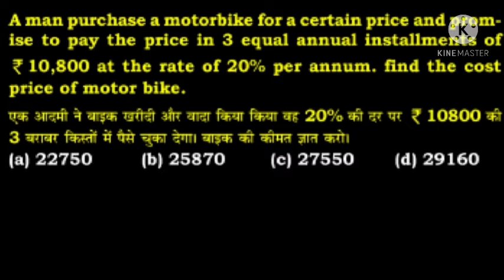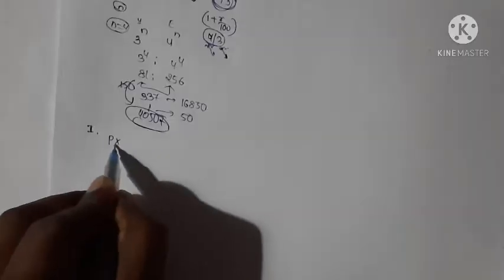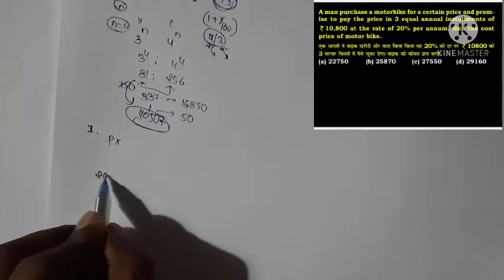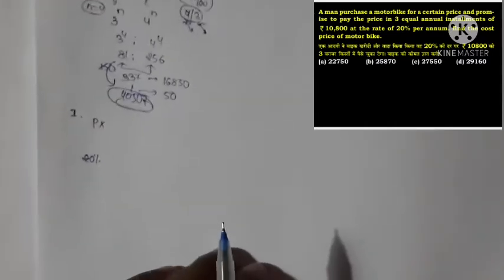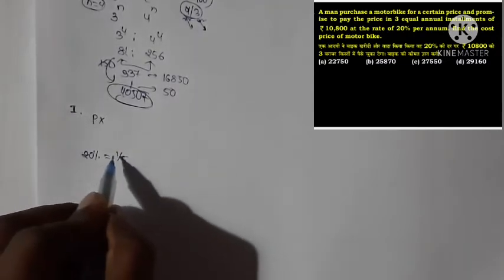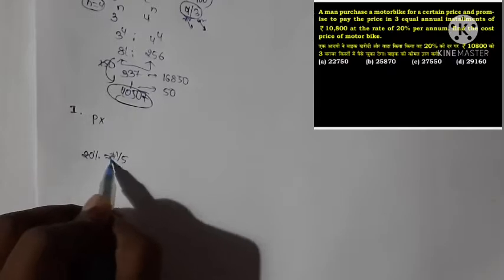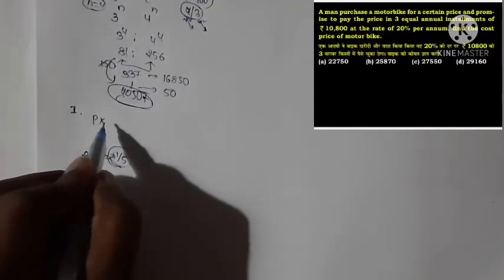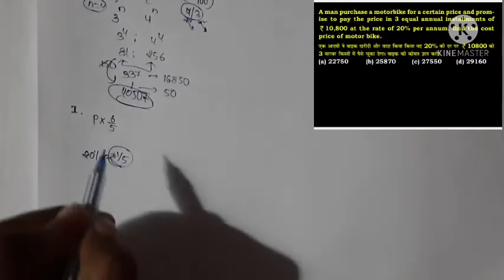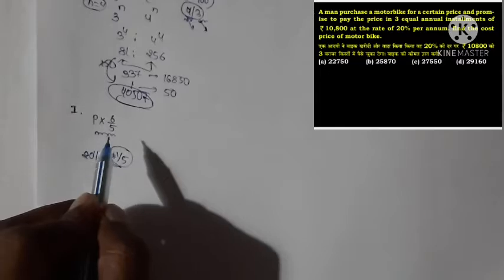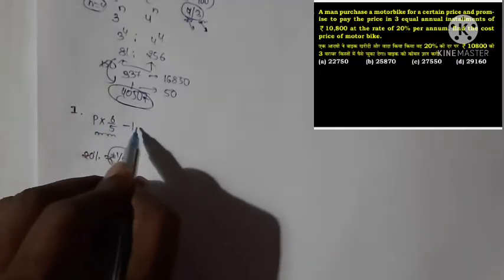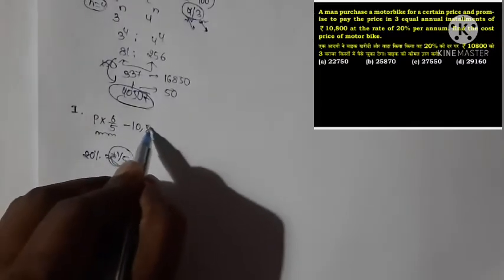Here taking the price of motorbike as P, at the rate of 20%. 20% is equal to 1 by 5. So 1 by 5 value is increased, so P into 6 by 5. So after the interest, they are giving an installment of 10,800.